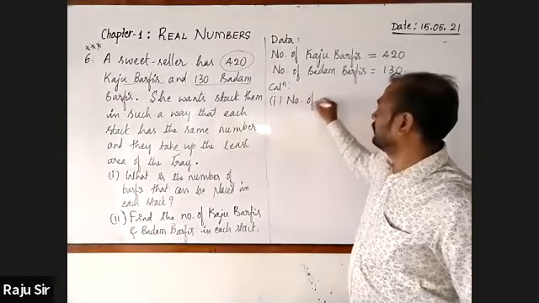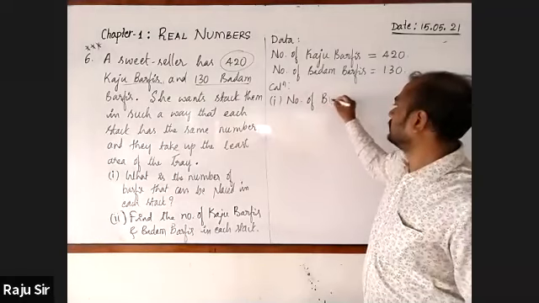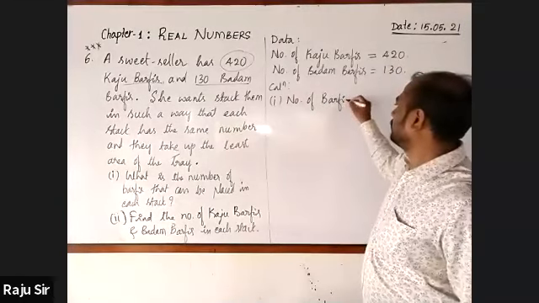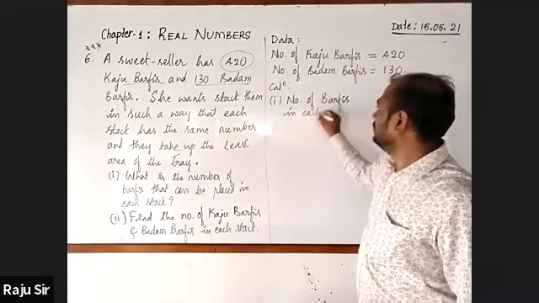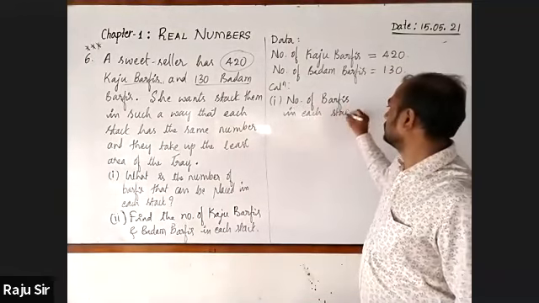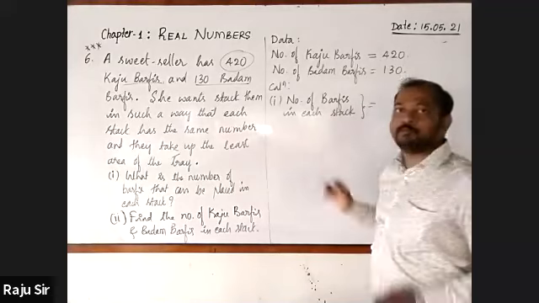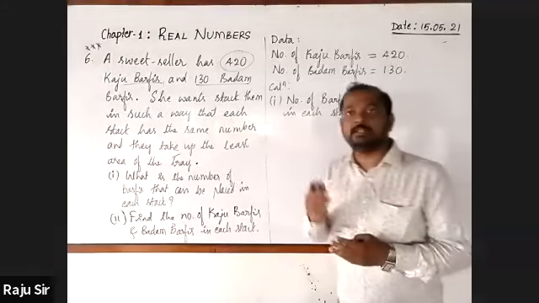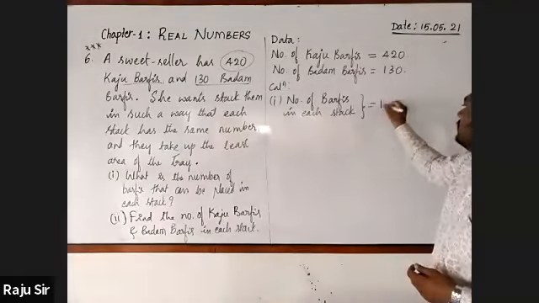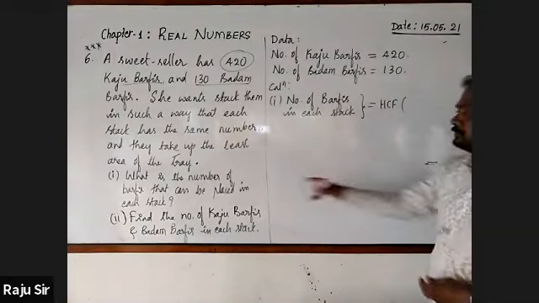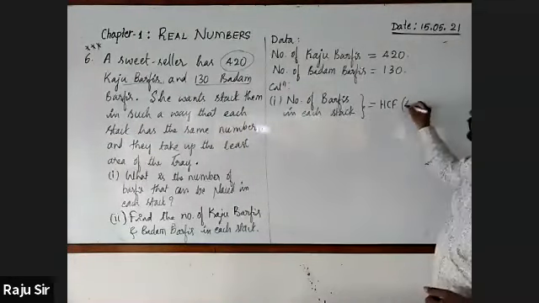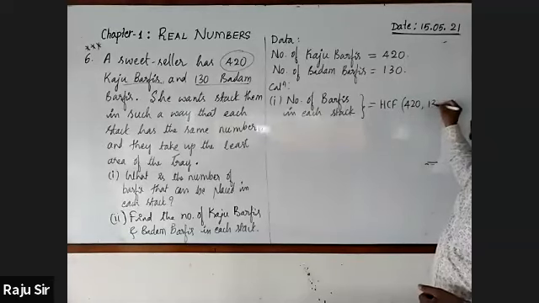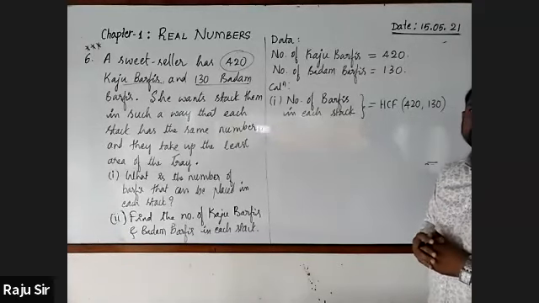Number of burfees in each stack. The number of burfees that can be placed in each stack is the HCF of these two numbers, 420 and 130.